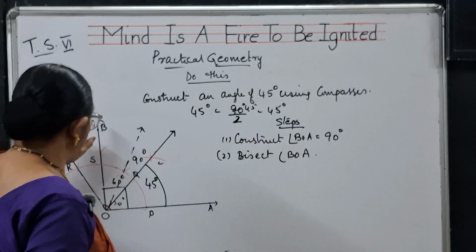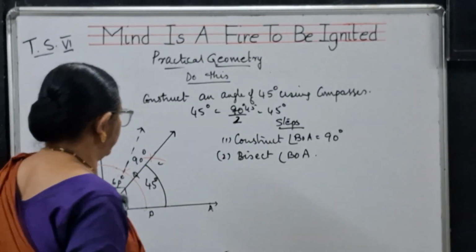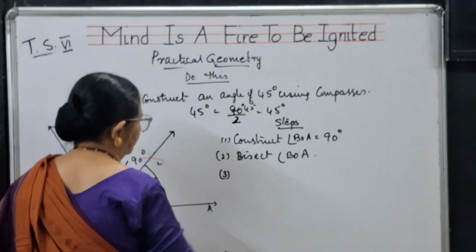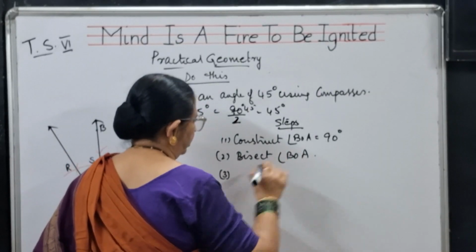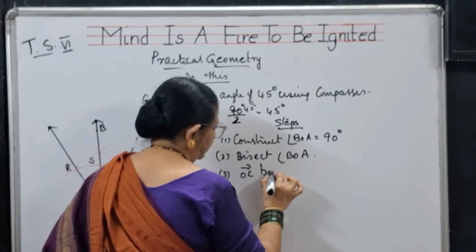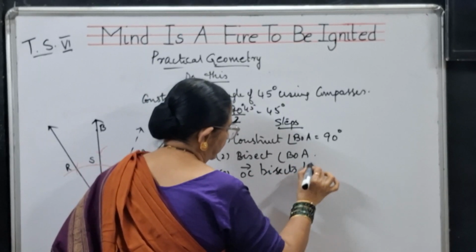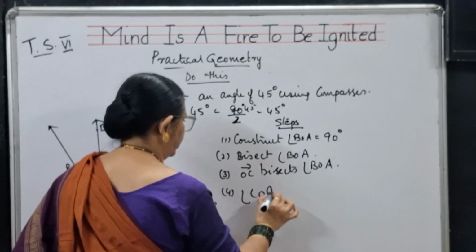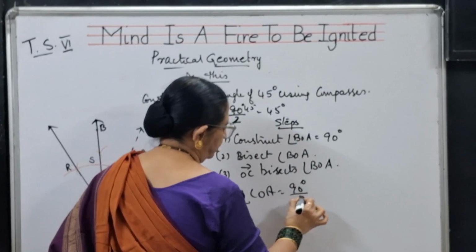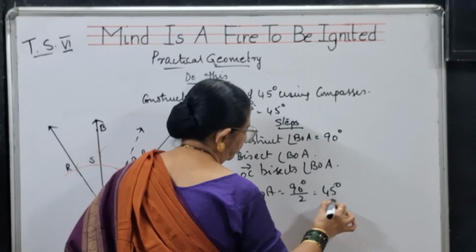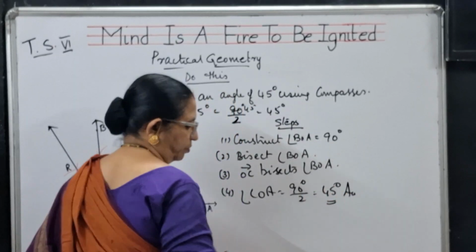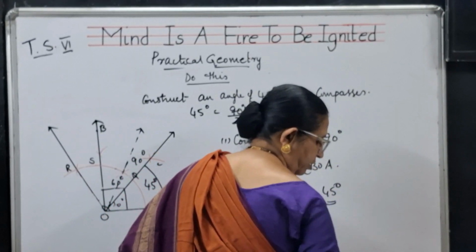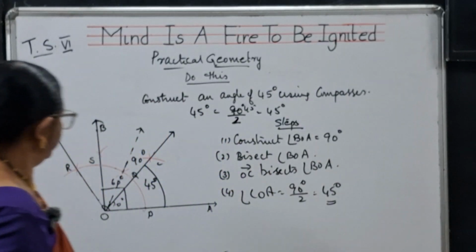So when you bisect angle BOA, OC bisects angle BOA. Therefore, angle COA is equal to 90 degrees by 2, that is equal to 45 degrees. This is the construction that you have done for 45 degrees. Please note it down.